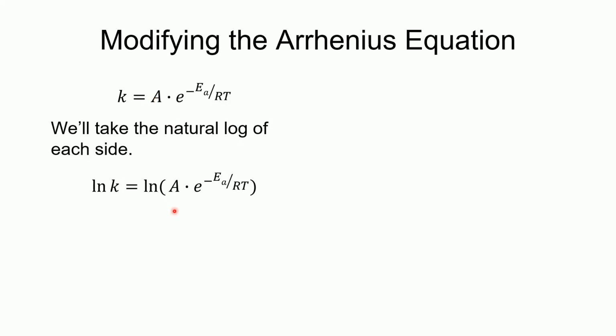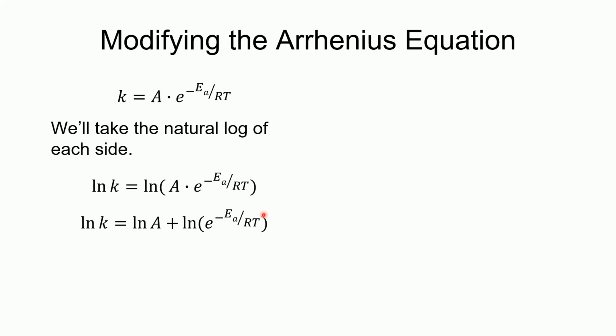So the natural log of A times this component is equal to the natural log of A plus the natural log of this. So we can separate those two parts of that expression.